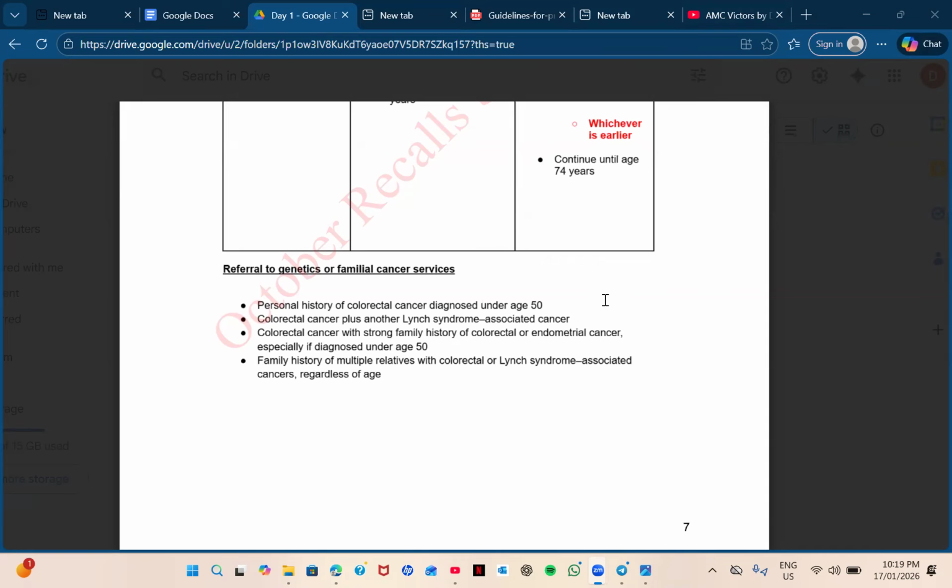So these two are the most common. And other than this, we have ovarian cancer, bladder cancer, stomach cancer, small intestinal cancer, liver cancer, kidney, brain, anywhere, because it's Lynch syndrome, right?